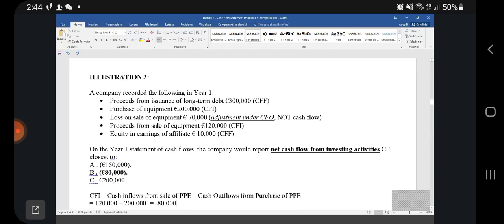Your friend is asking if we have sale of equipment and equipment are operating assets, why don't we include the proceeds from sale of equipment in the operating activity? Again, her argument is that actually equipment, property, plant and equipment are operating assets after all. Who is able to respond to that?